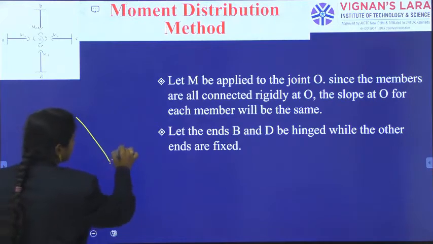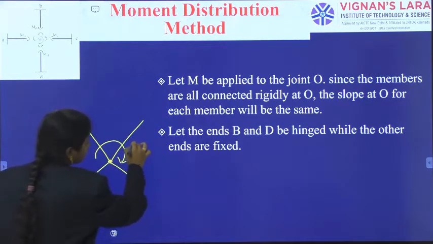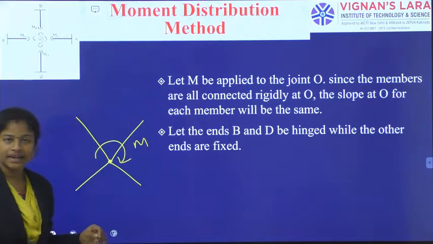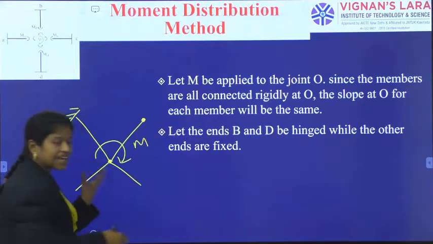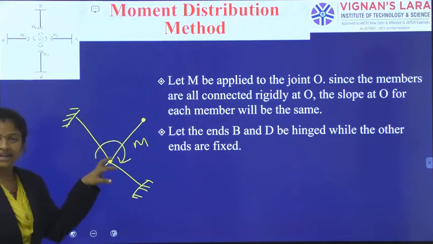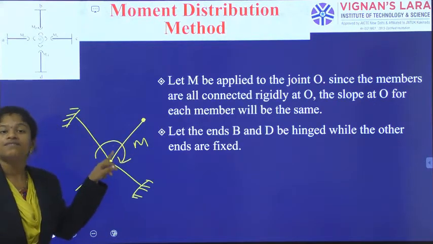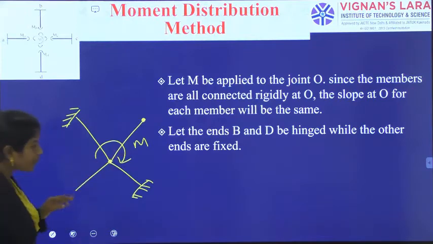When I am connecting many members like this, maybe at some point, and I am applying a moment capital M, these members may have any type of joint, maybe a hinged, maybe a fixed or anything, whatever it is, but each member will show same rotation. Rotation means slope, in the form of slope.